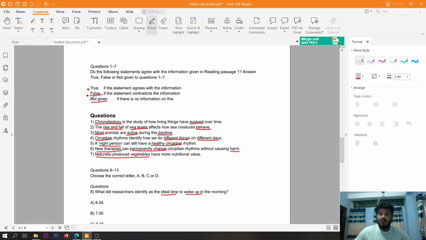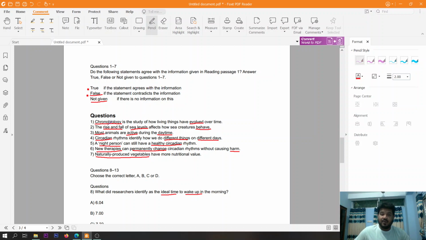If you can prove neither, in that case, you would say it's not given. That's a much more straightforward way, or I would say a less complicated way of going about doing this particular question type. So, true, if the statement agrees with the information.